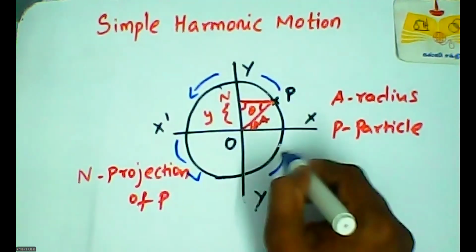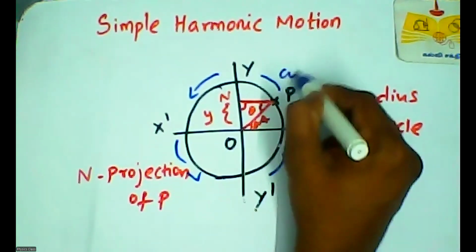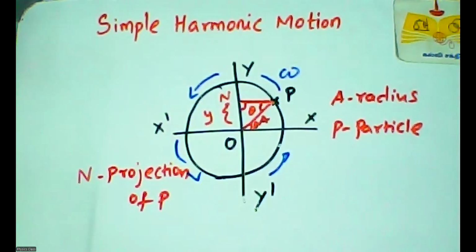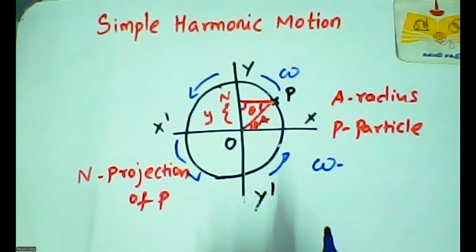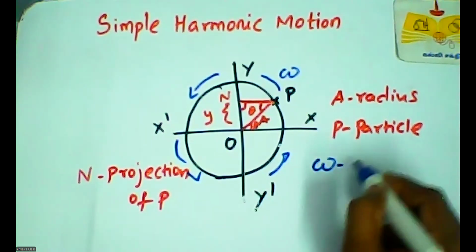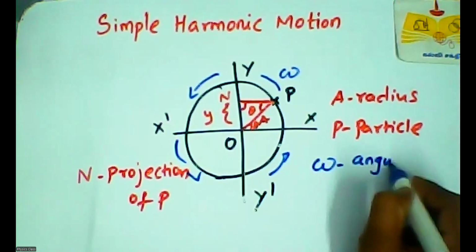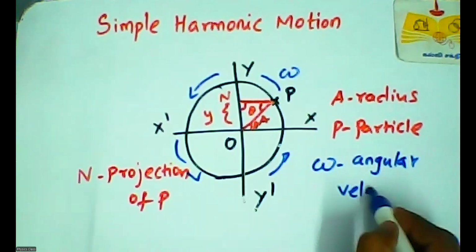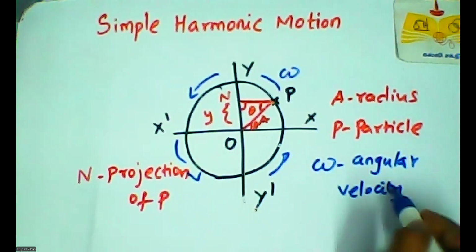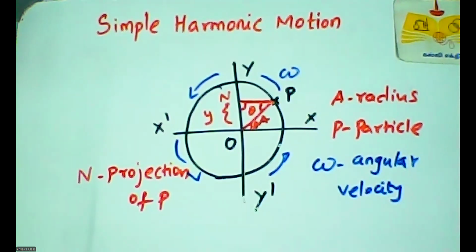Omega means angular velocity, because for an object in circular or any rotational motion, we have to write angular velocity or angular acceleration. So omega is the angular velocity.